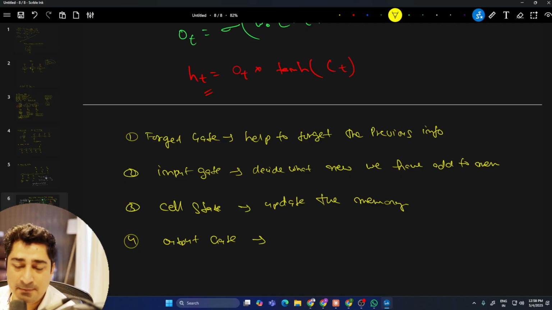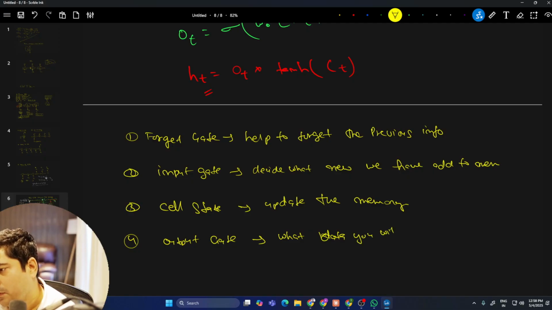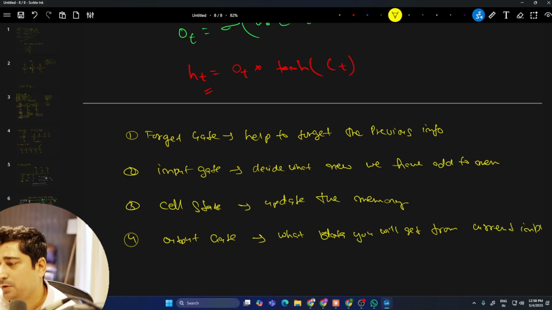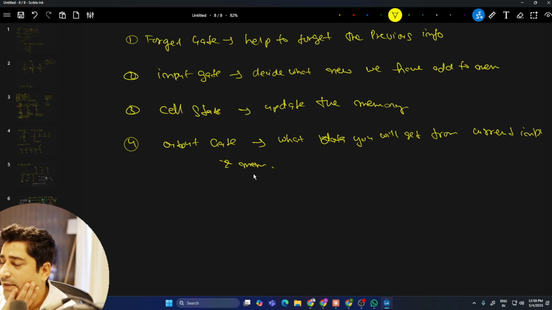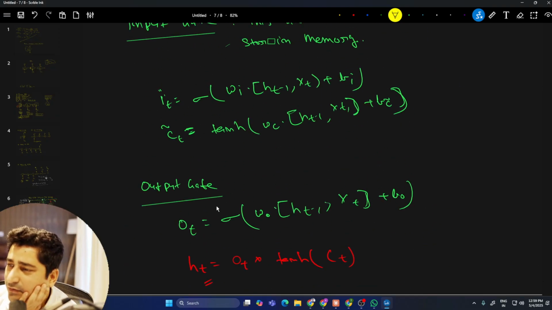Now what the output gate does is it always tries to tell you what data you will get from the current input and memory basically. So these are the only things that you have to decide.